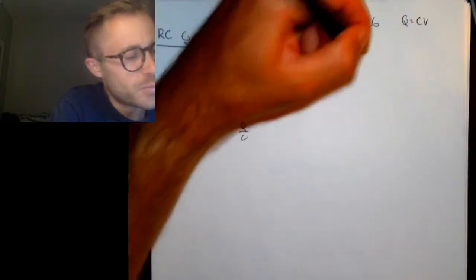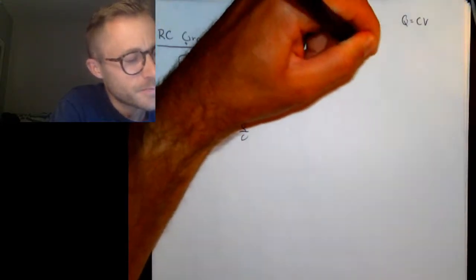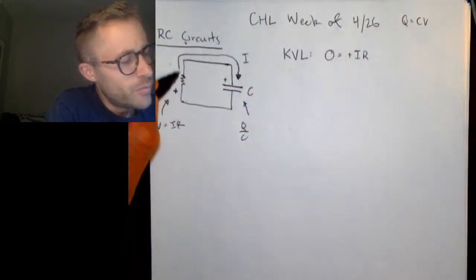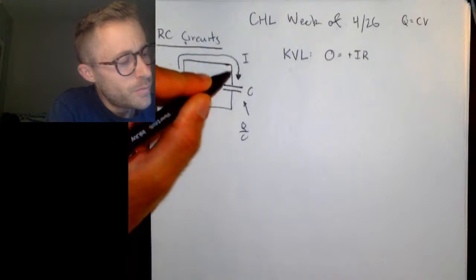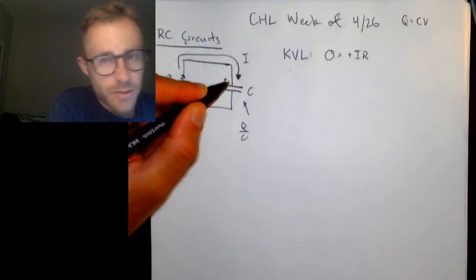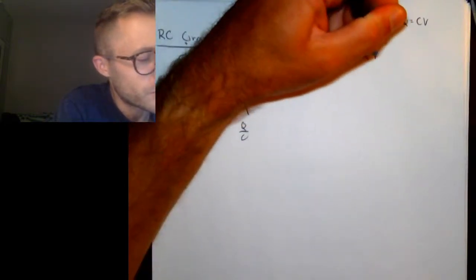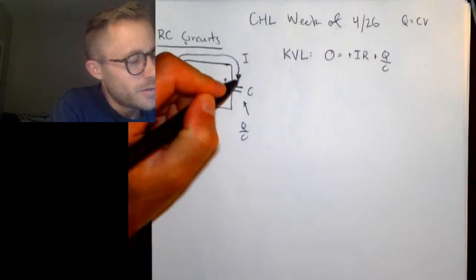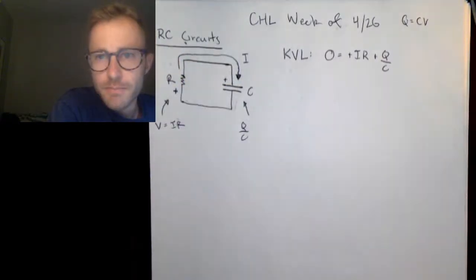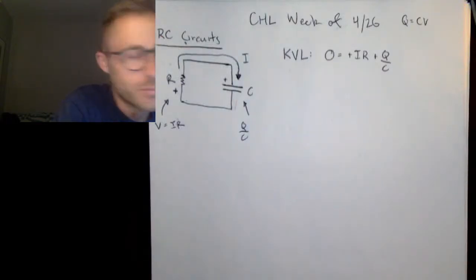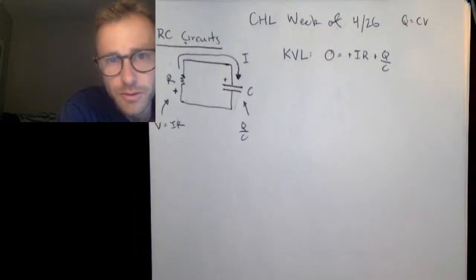So I get plus IR, and then I continue around and hit the positive terminal of the capacitor, so I have plus Q over C. And then I get back to where I started. So this is Kirchhoff's voltage law for this very simple circuit. It's called an RC circuit because it has a resistor and a capacitor.